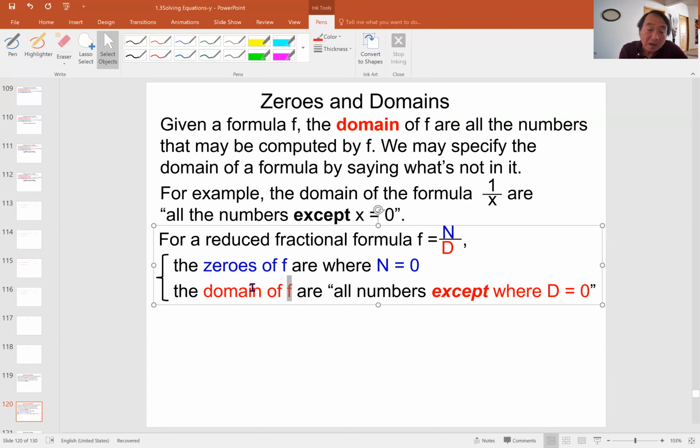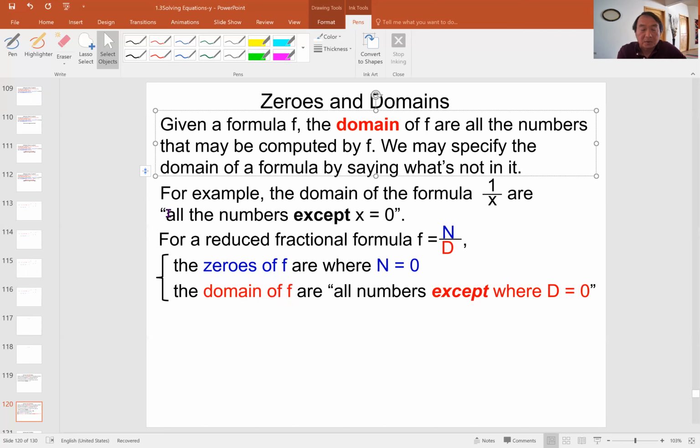And then they ask what's the domain of f, which means what numbers are allowed and what numbers are not allowed. The domain is the numbers that we allow. So for 1 over x, the domain is everything except 0. How do we get the answers to those two questions?